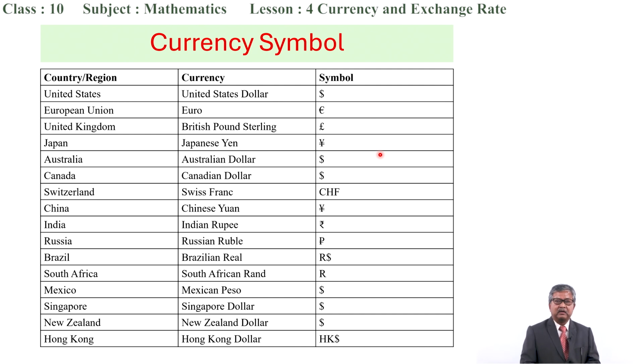It means the currency of the countries has its own symbol, just like the United States, the currency is denoted by the dollar symbol. Similarly, for the European Union, the currency name is euro and the symbol is this one. In this way, the pound sterling, that is the currency of the United Kingdom, has this symbol. In these slides, the country's name, the currency of that country and the symbol of the currency are given.